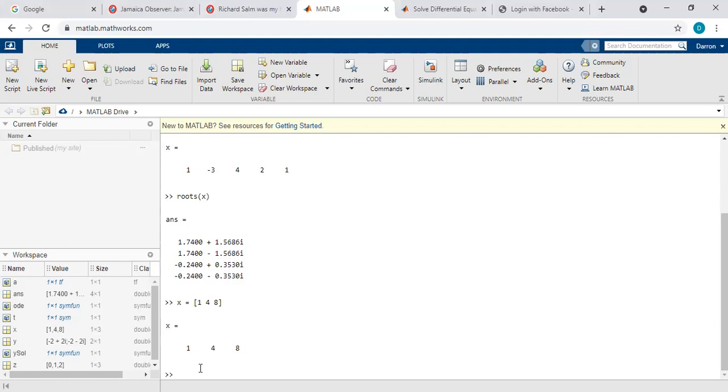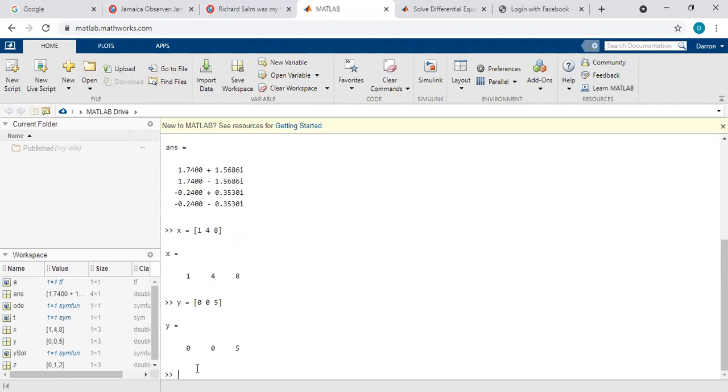The numerator, I'm going to call it y. It has to be the same order as the denominator, which is 1, 4, 8. It's only 5 that is on top, so I'm going to put 0, 0, 5. Then I'm going to call it G, for example.